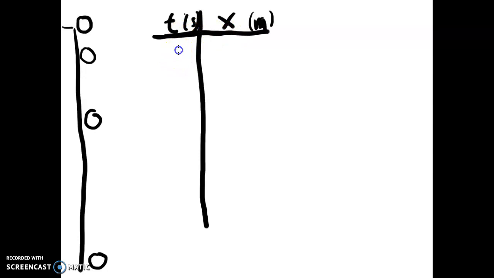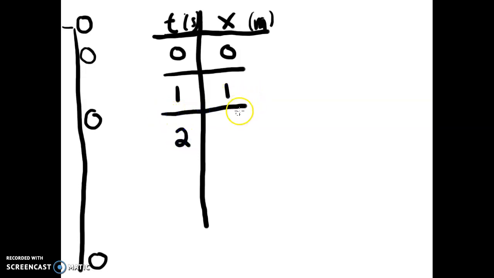So at t equals 0, let's say it was at position 0. At t equals 1, let's say it was at position 1. At t equals 2, let's say it was at position 3.